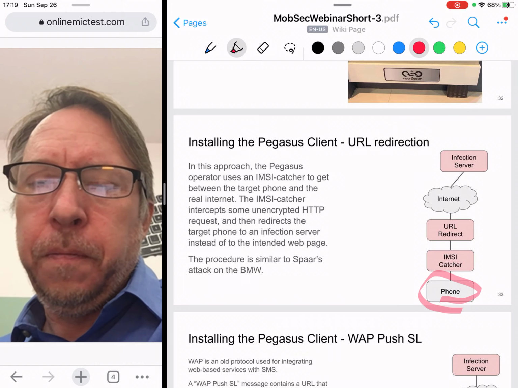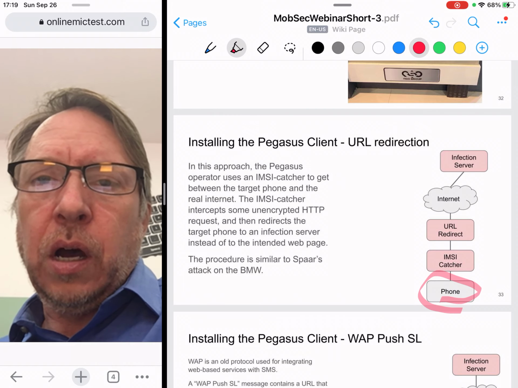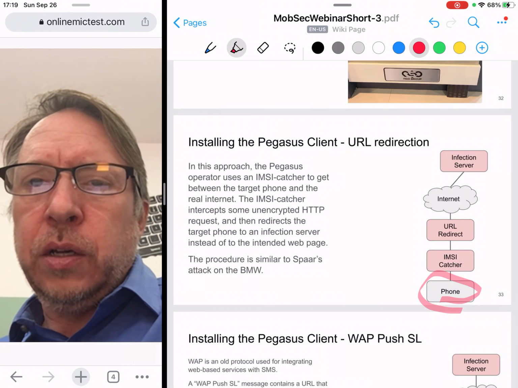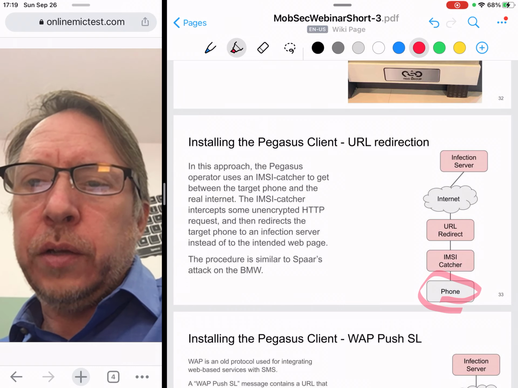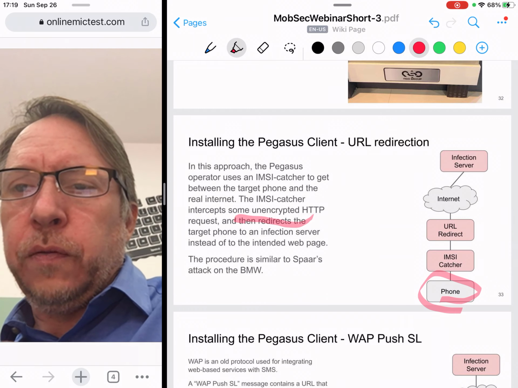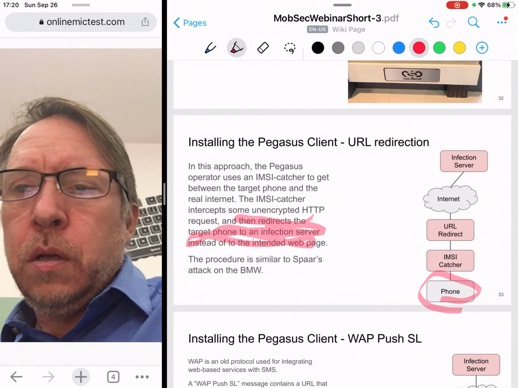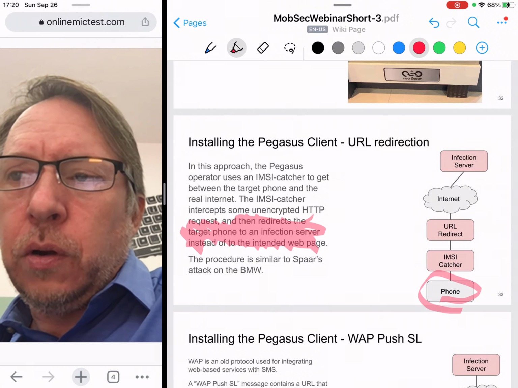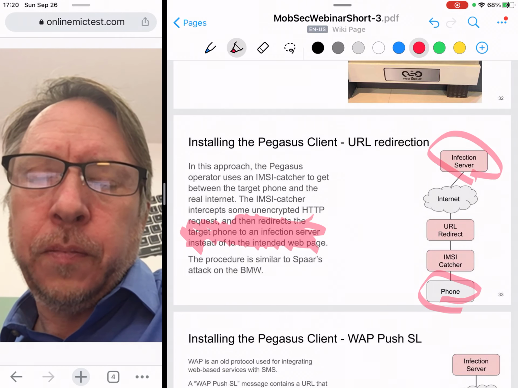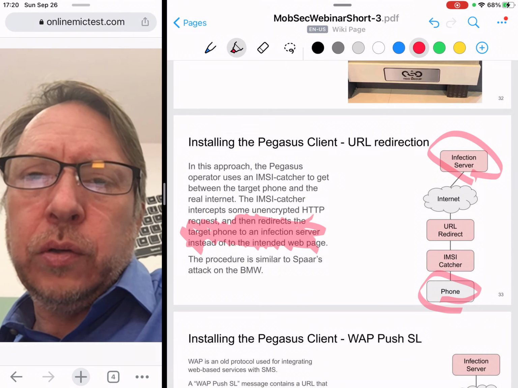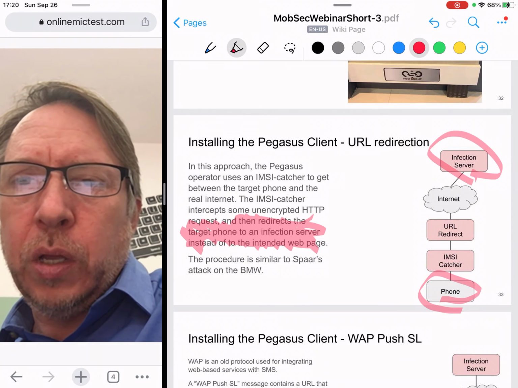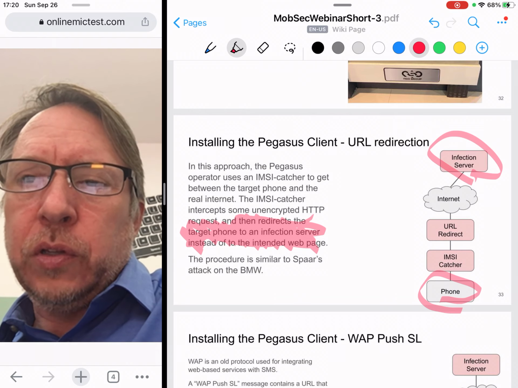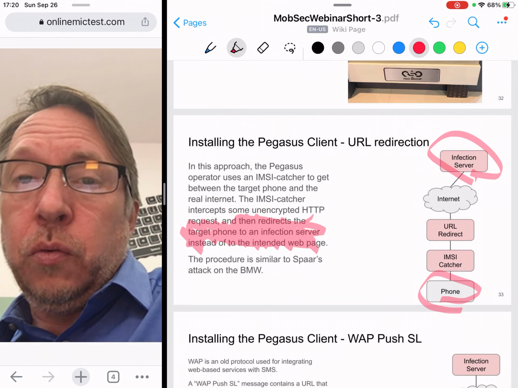And when it sees this unencrypted HTTP request, it redirects the target phone to their infection server. And the infection server uses the zero-day exploit in the browser to install the malware on the phone. And then if it's clever, it will then redirect again back to the original website, so all the user noticed was just a sort of short delay in loading the web page.